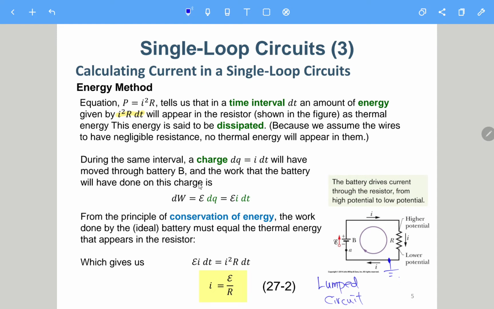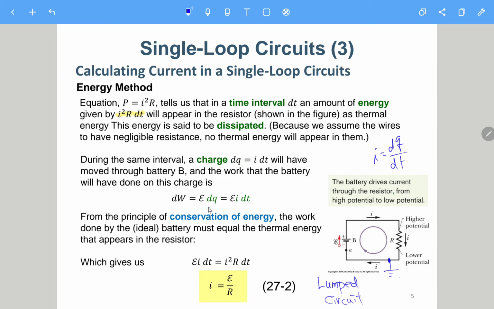Okay, so during the same interval, a charge dq equals I dt, because the definition is I equals dq over dt. So we move over dt, and we have dq equals I dt. This charge has moved through a battery, and the work that the battery has done on the charge is dW equals E times dq.